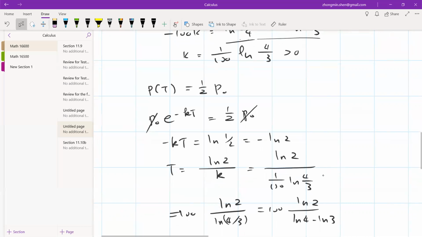Are you allowed to split up e to the ln 4/3 and e to the t over 100? Yeah, that's fine.